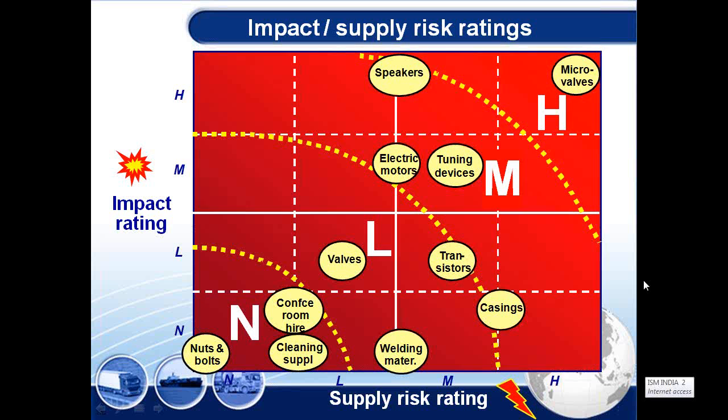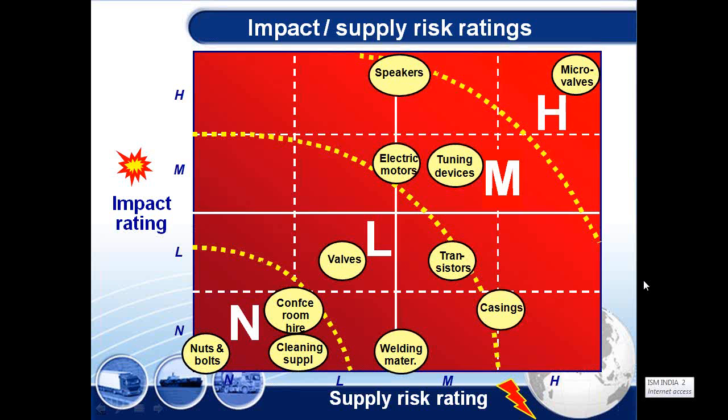Now the risk rating, the very basic idea is, if I have more reliable supply sources and one doesn't do a good job, I can switch to another one. My risk is very small.